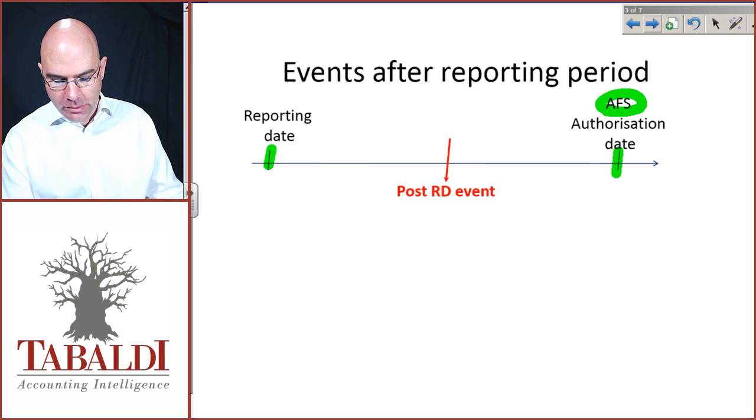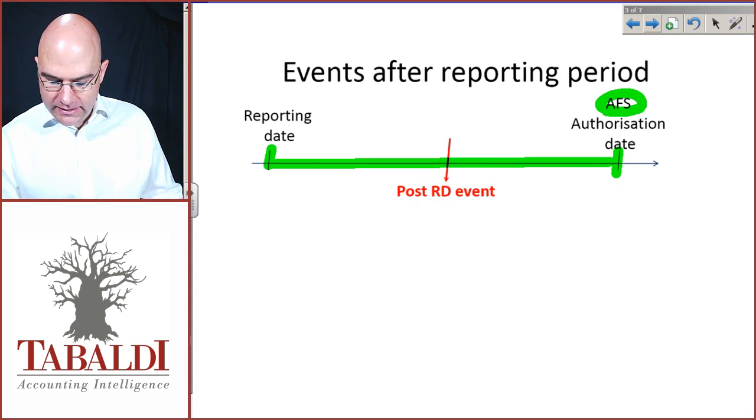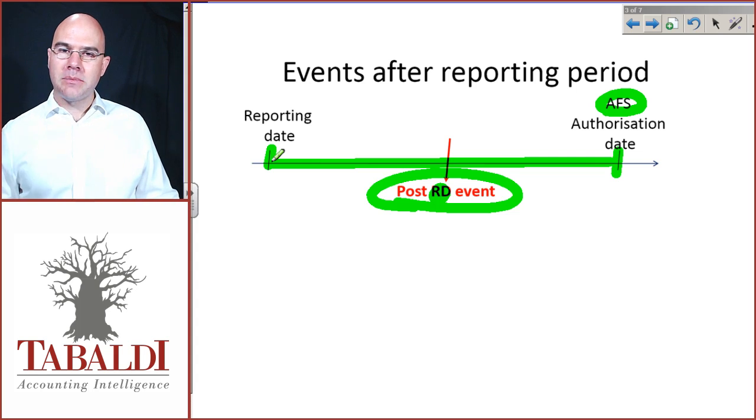Okay. Now, in between those two dates, you may have different events that occur. We'll call that the post-reporting date, RD, event. That may be inventory that's damaged after year end, or after year end you find out that a debtor is no longer going to be able to pay you, etc. Now, there's going to be one of two types of events.